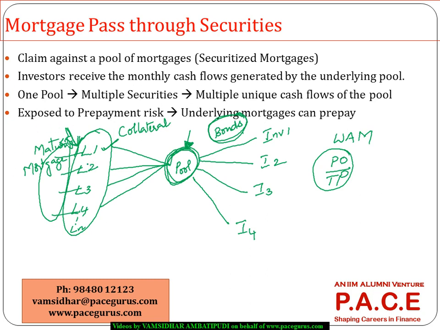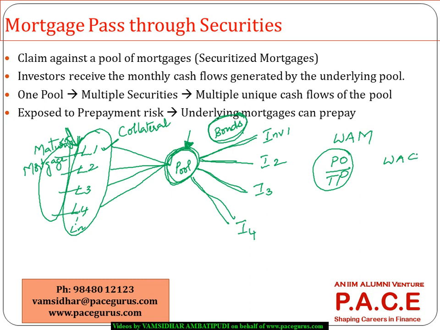In the same way, there is a weighted average coupon for the payment, because the investors need to be paid interest and principal repayment, since this is a bond. Some kind of interest payment and some kind of principal payments have to be made to the investors.